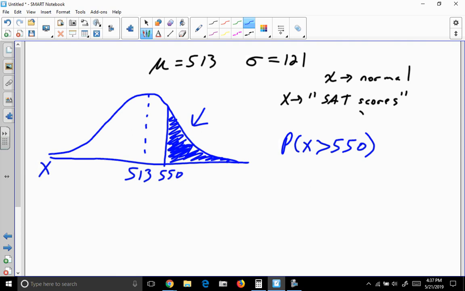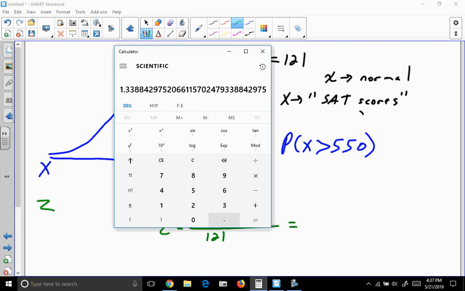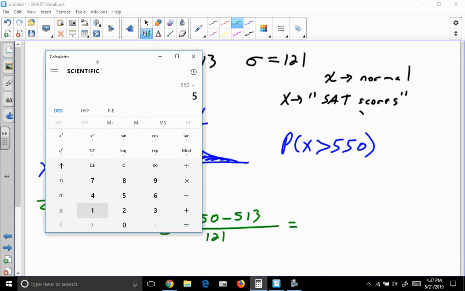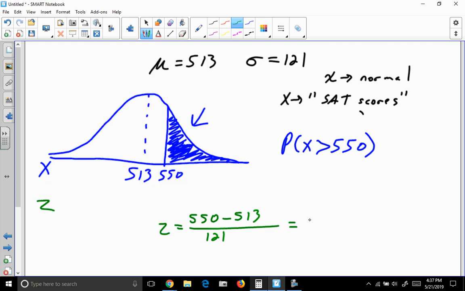So we need to convert to z-values. The z-value for 550 is 550 minus the mean, divided by the standard deviation. So that's 0.31. That's not the proportion, that's just the z-value.